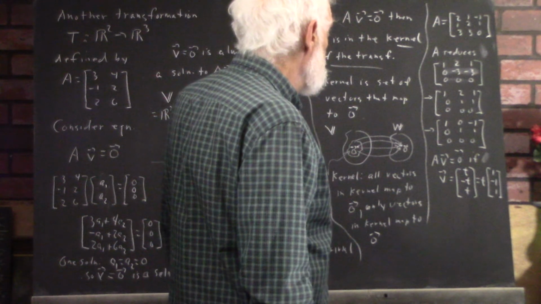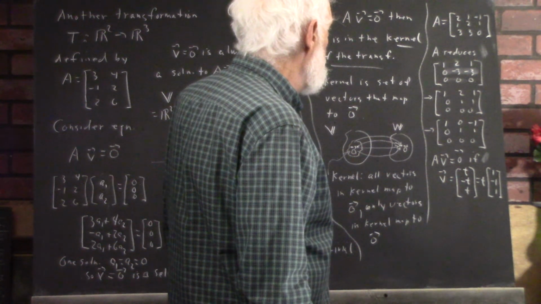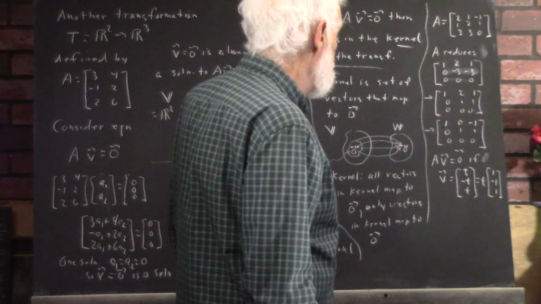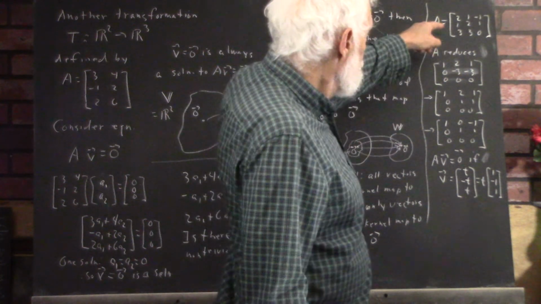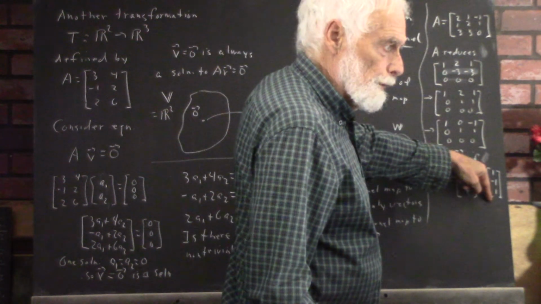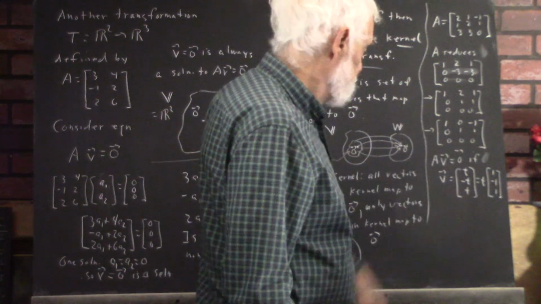And that works, and that works, and that works, yeah. If you multiply this matrix by 1, negative 1, 1, you get 0.